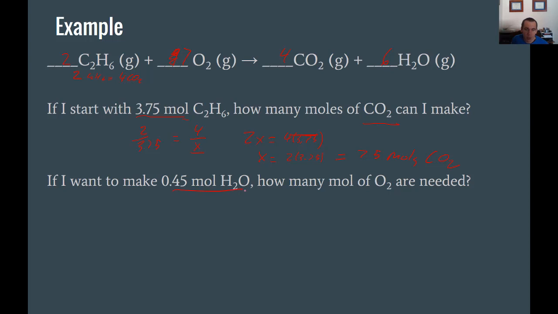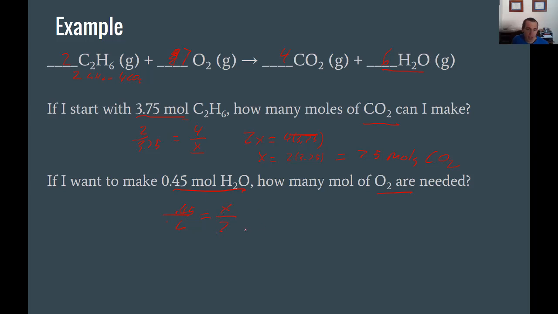Now, if I want to make 0.45 moles H2O, how many moles of O2 are needed? Well, H2O comes in 6s and O2 comes in 7. So 0.45 H2O is to 6 H2O as O2, how much O2, don't know, is to 7 O2.